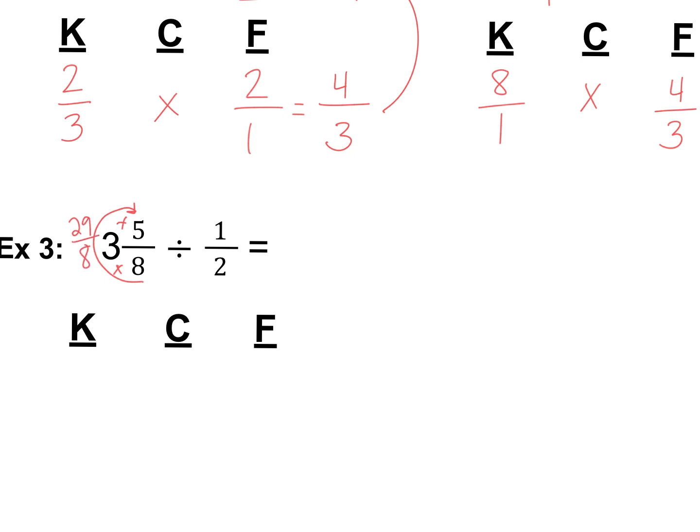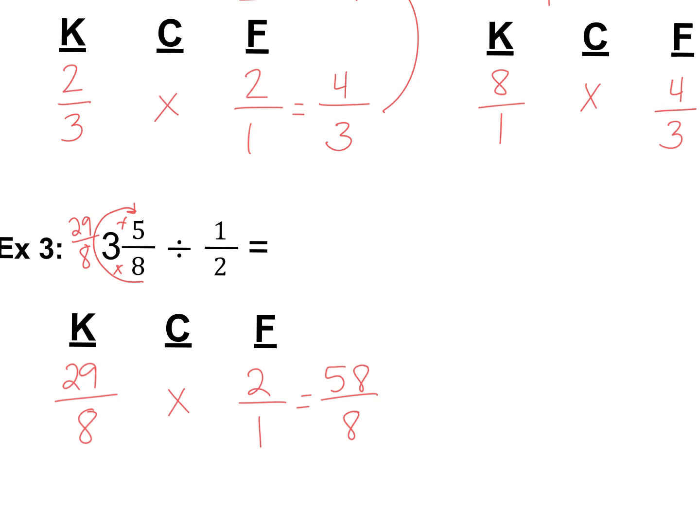So this improper fraction is what I'm going to keep the same. 29/8 times 2/1. 58/8 is what I end up with. But it's improper, so I've got to change it.